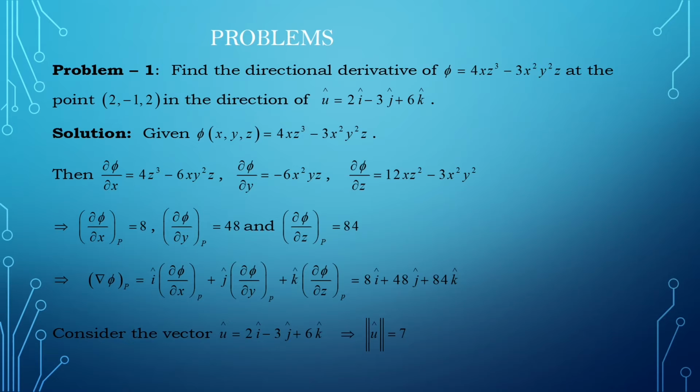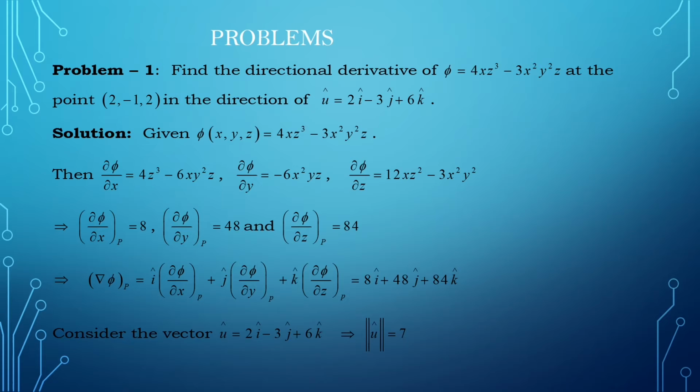Dou phi by dou y equals minus 6x square yz. Now the partial derivative of phi with respect to z is given by dou phi by dou z equals 12xz square minus 3x square y square.